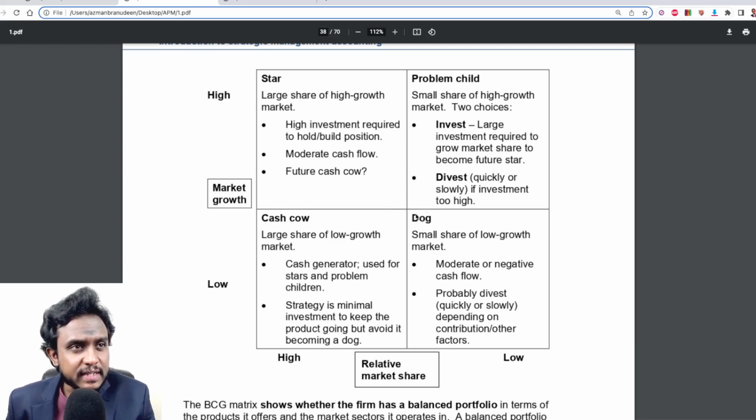Now, on the other hand, if you have a product that has high market share but low market growth, which means you have a product which has captured a good amount of the market, but its growth has stagnated. So from the product life cycle perspective, you're talking about a mature product, right?